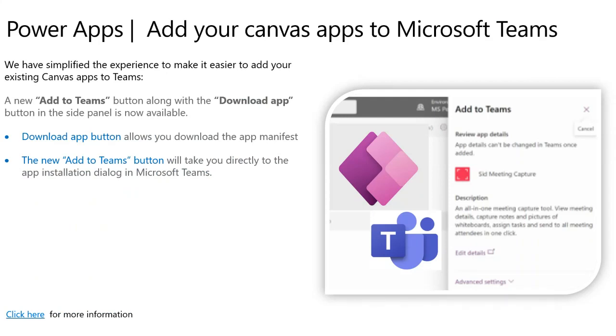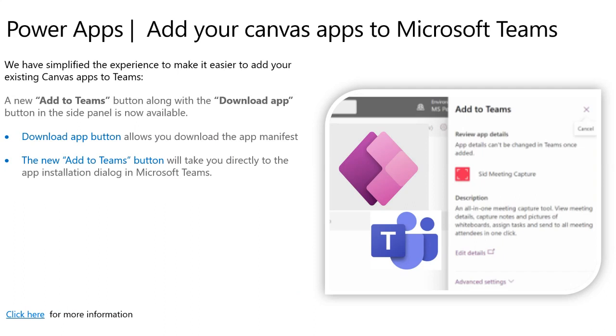The first tech tip is around Power Apps and adding your Canvas apps to Microsoft Teams. A while back, we introduced the Add to Teams command. We've simplified the experience to make it easier to add your existing Canvas apps to Microsoft Teams. The new interface adds a new Add to Teams button along with the Download App button in that side panel.